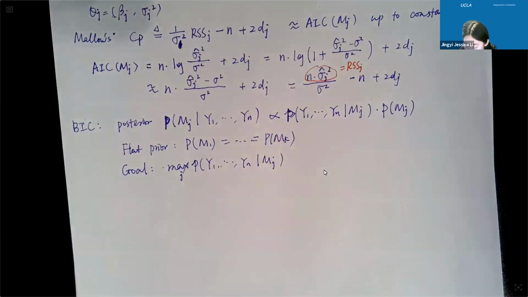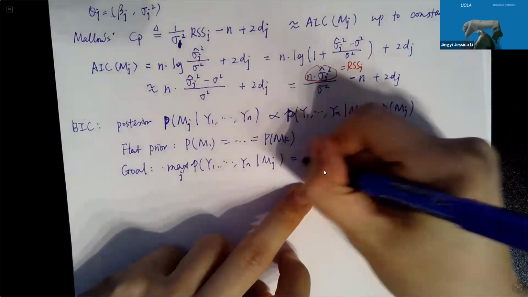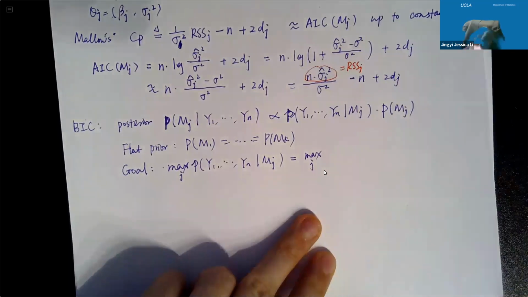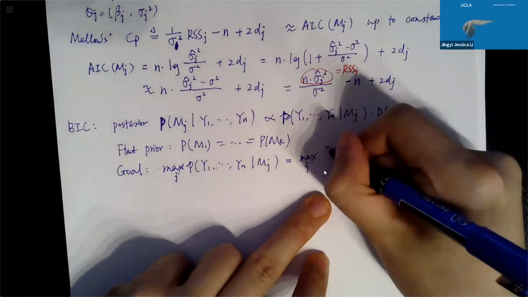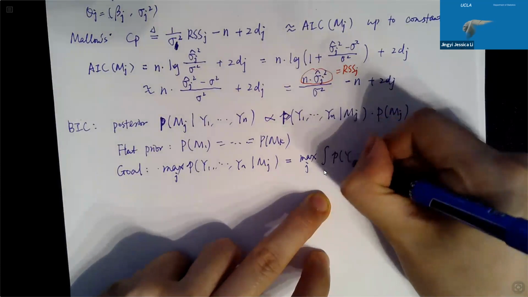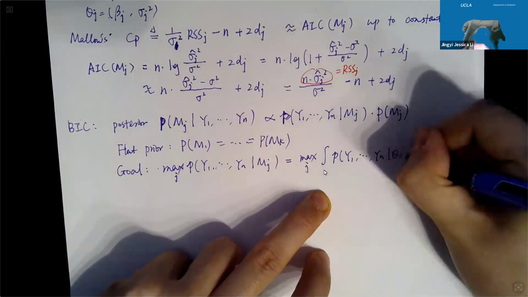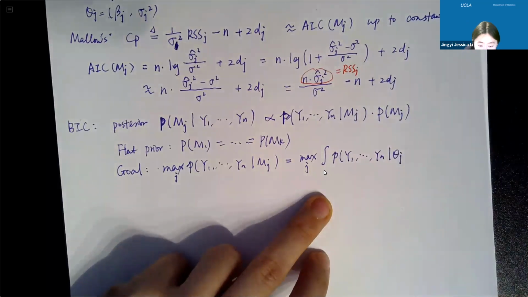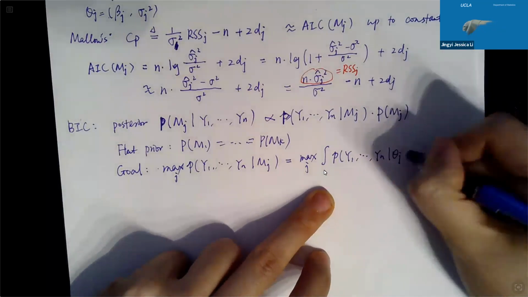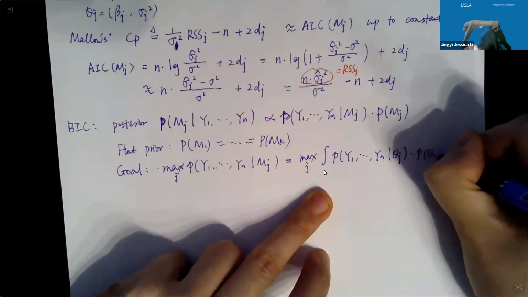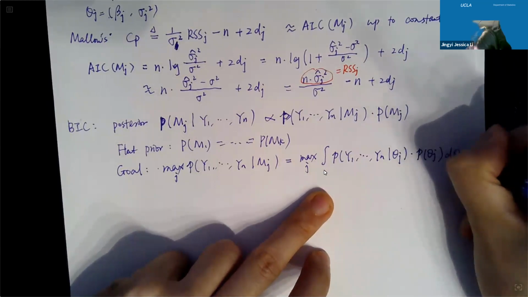Instead, they think of this as an integration problem. So what it means is that we are basically taking the integral of the joint density y1 to yn given theta j, and we also need the distribution of theta j under model j, d theta j.